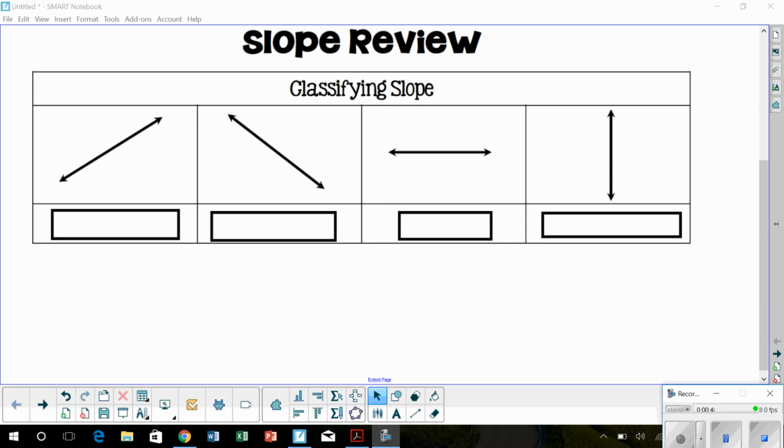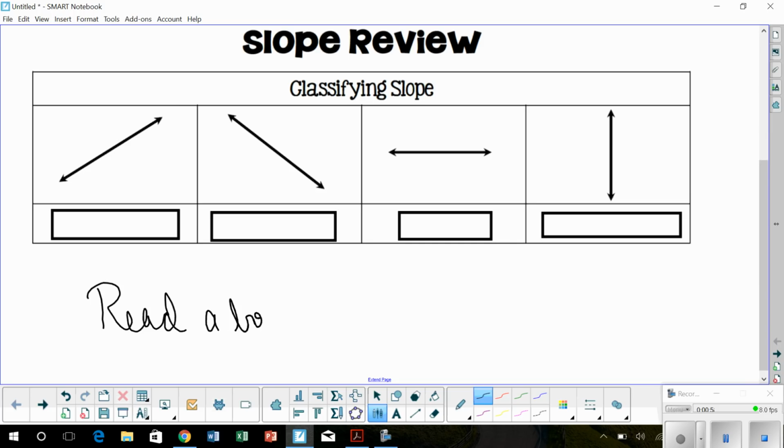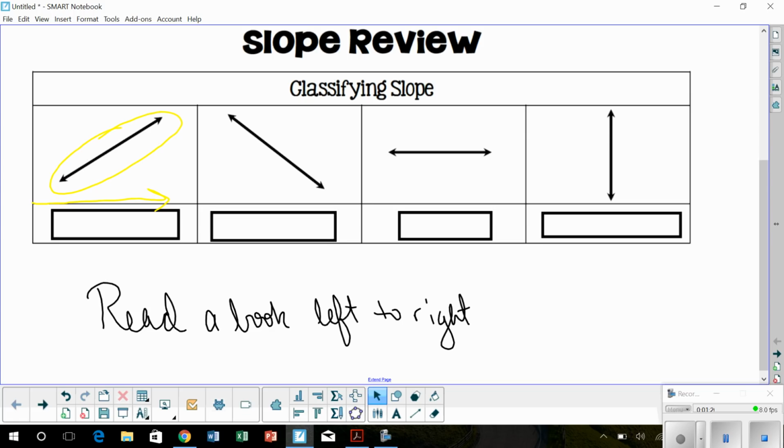So this is a review, so let's talk. When we're looking at these, you always read left to right, like you read a book. If that's the case, when we look at this right here, reading left to right, that is going to have a positive slope.